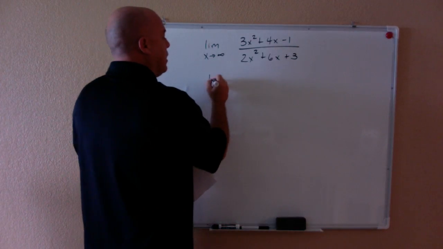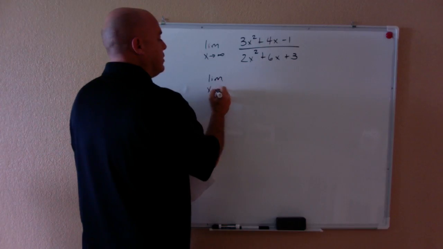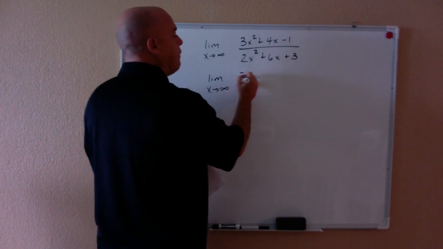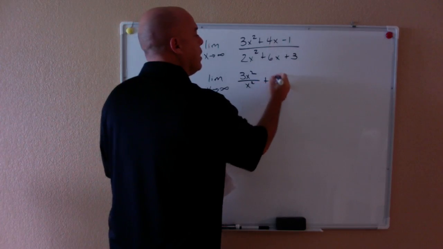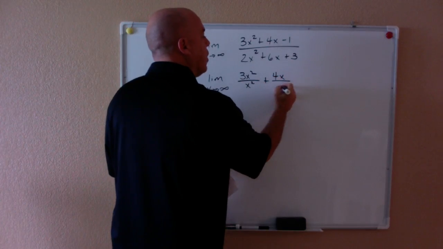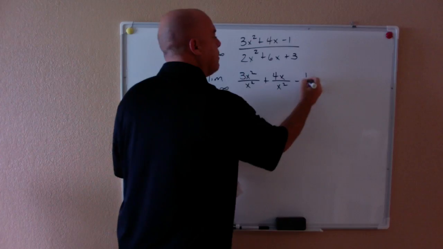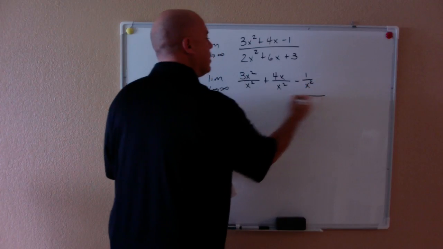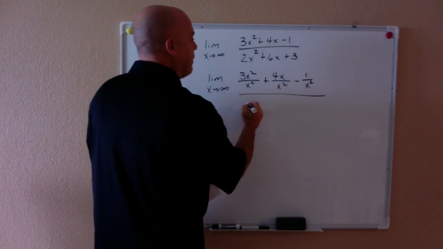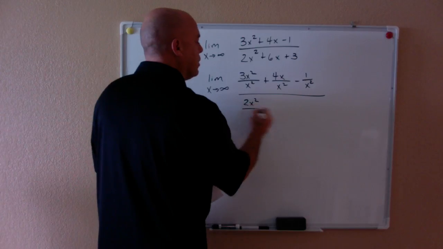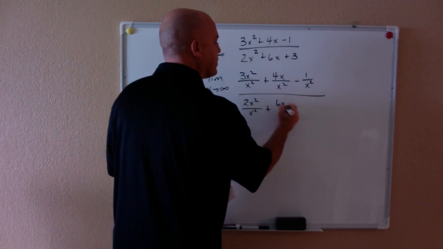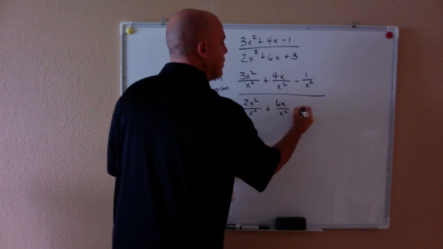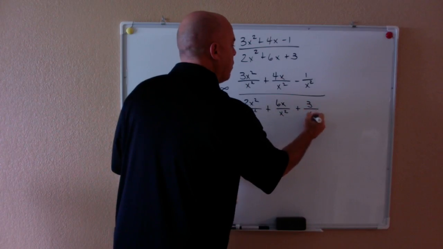So I'm going to get the limit as x tends to infinity of 3x squared divided by x squared plus 4x over x squared minus 1 over x squared, divided by 2x squared over x squared plus 6x over x squared plus 3 over x squared.